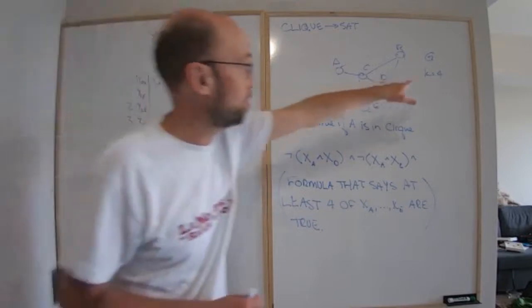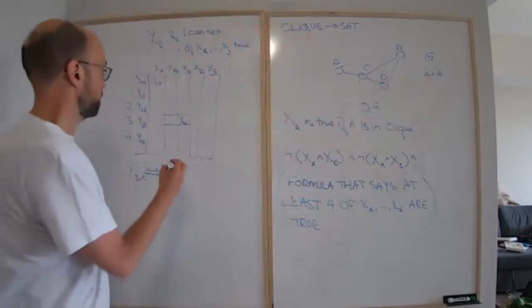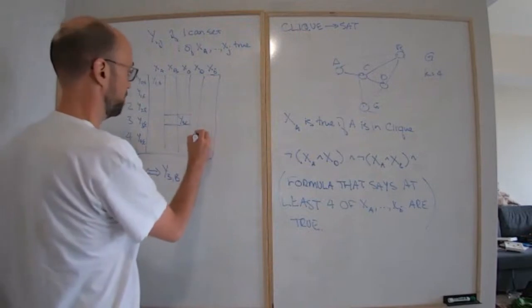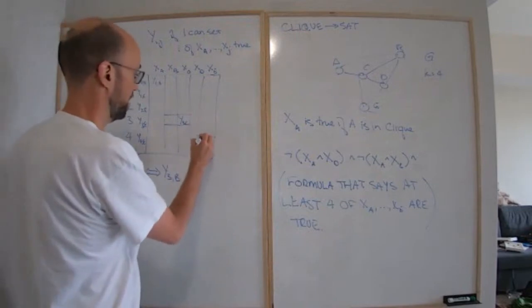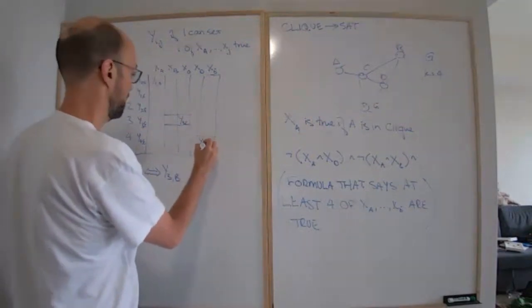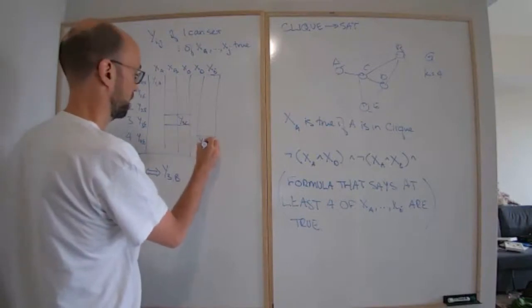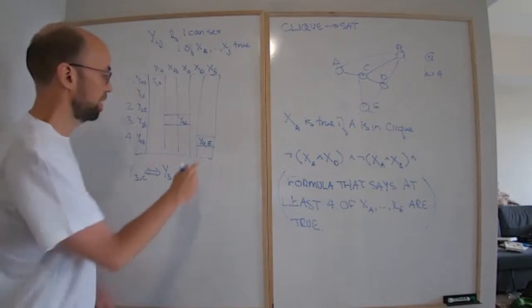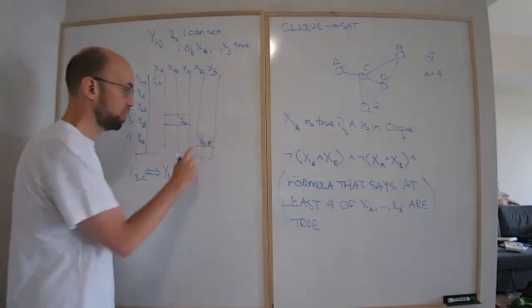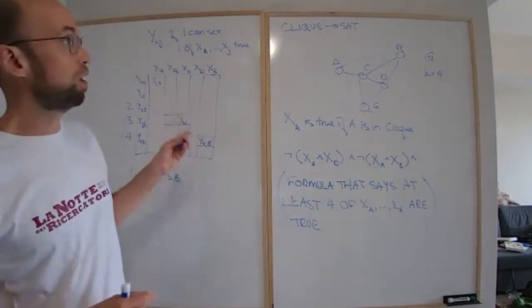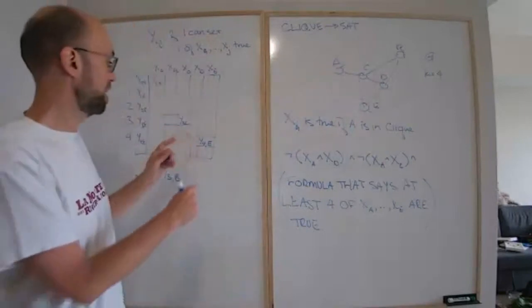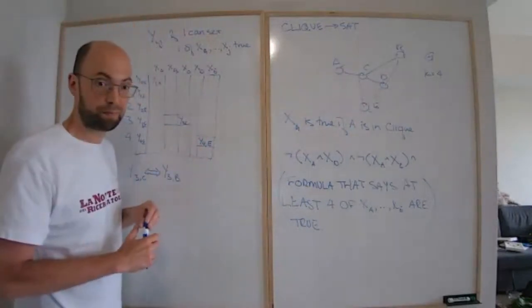Ultimately, the clique is size 4. What I'm going to want is y4e. This is going to be true if I can get 4 of my 5 variables from a to e to be true.